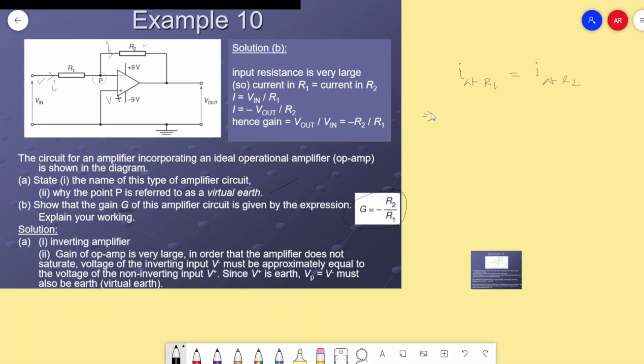Now we are going to derive it. So this is the input voltage and this is 0. So it is V in minus 0 divided by R1, and from P to V out, this is 0 minus V out divided by R2. If we simplify this, we get this expression.